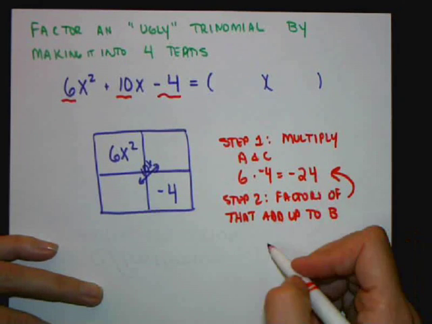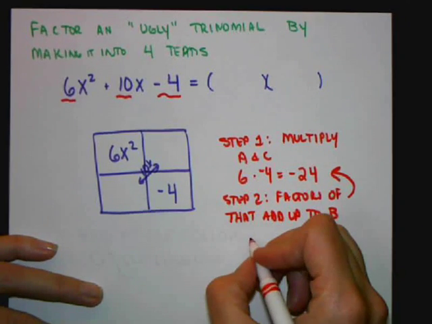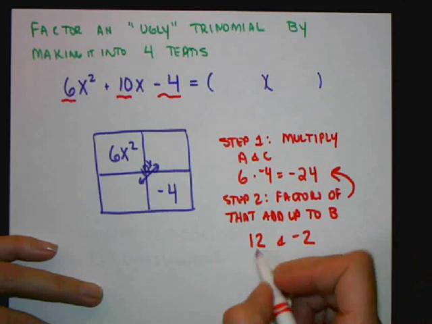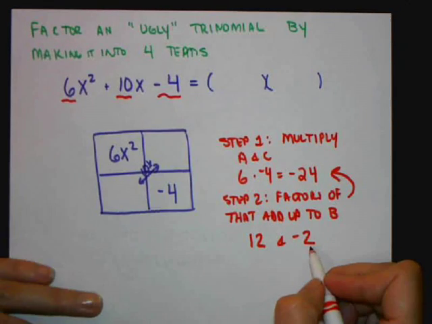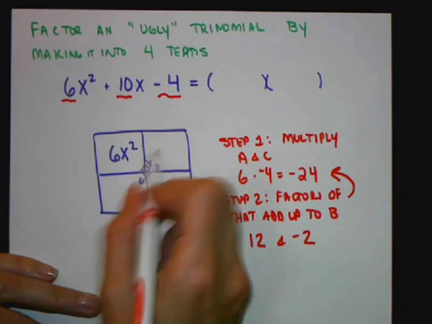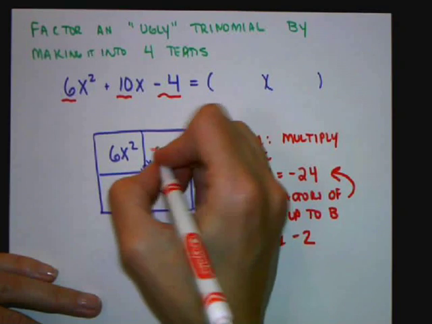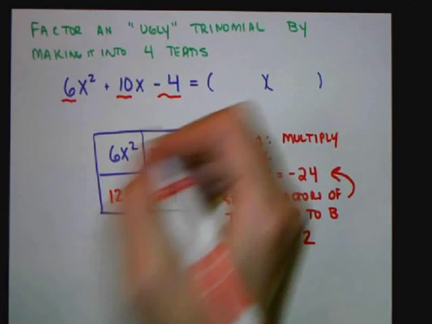Factors of negative 24 that add up to 10 are 12 and negative 2. How did 12 and negative 2 help? That tells us what goes in these two boxes. This one is going to be 12x, and this one's going to be negative 2x.